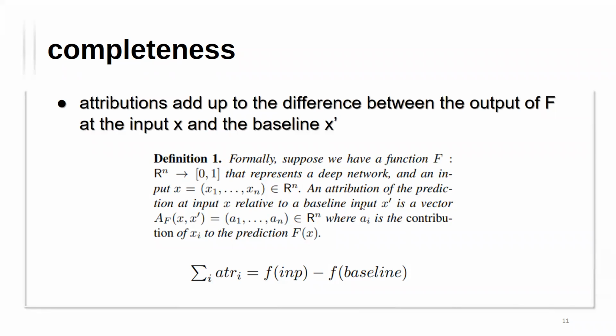Completeness means that when you sum up all the attributions from A1 to AN, it should be equal to the output of F at the input minus the output at the baseline. So it should be much more clear this time.